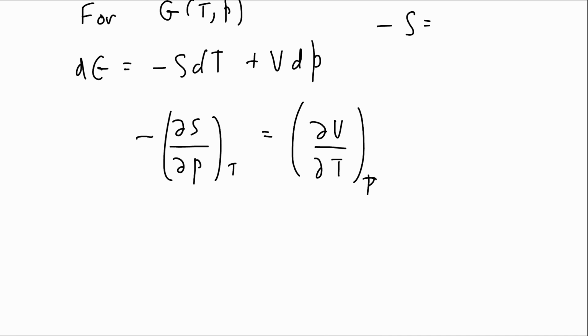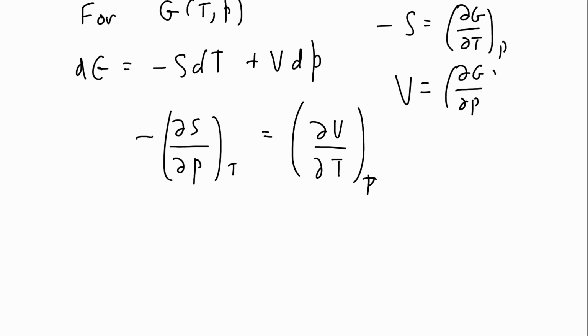Because minus S is partial G partial T at constant P, and V is partial G partial P at constant T, right? So that implies these things, and then the mixed partials imply that.